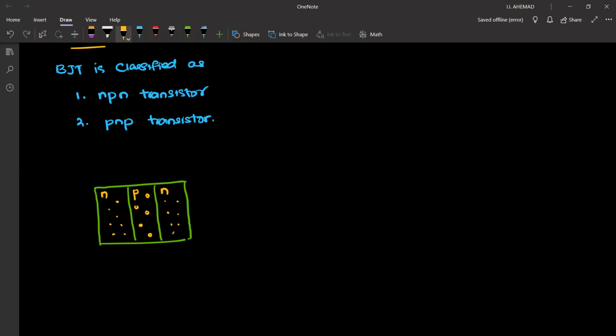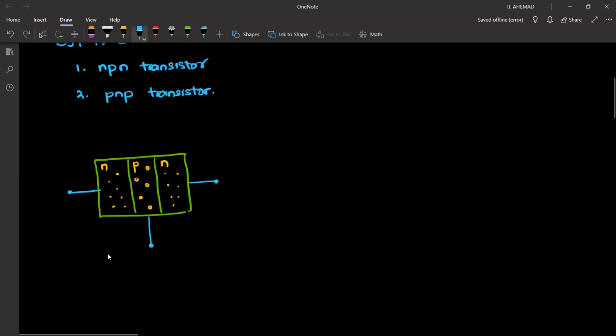And they have 3 pins. And we can show this NPN transistor in a diagram like this.